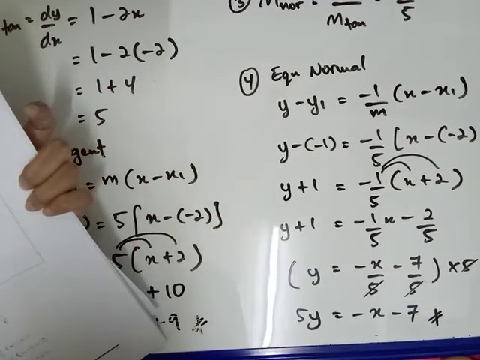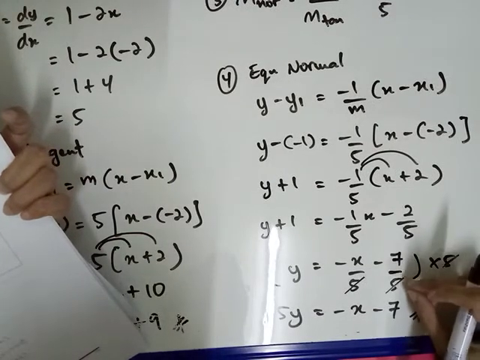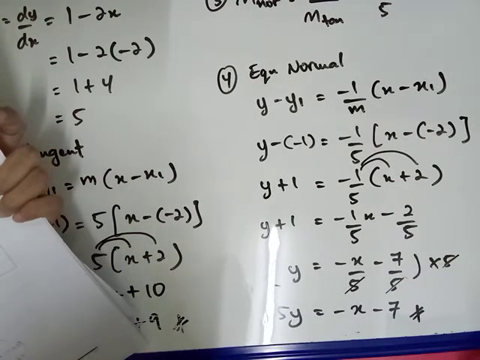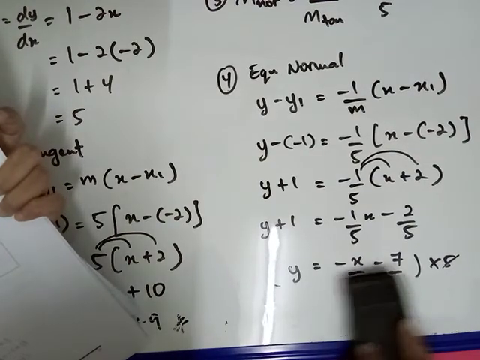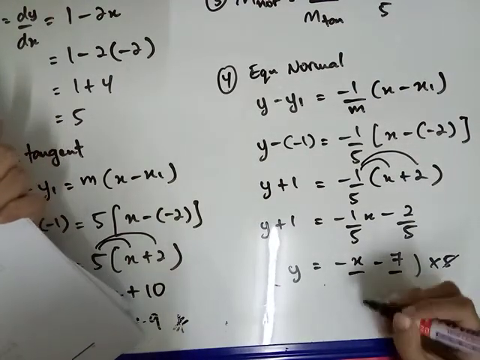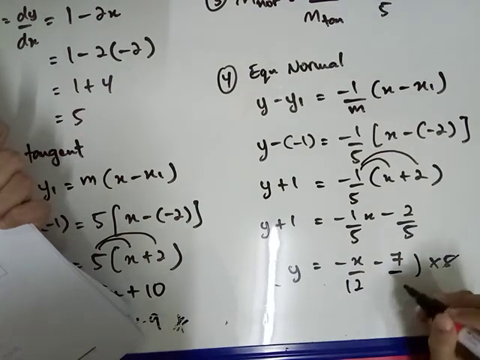Can you understand? We have to eliminate the fraction, to make it a whole number like this. No need for fractions. What about if we have 12 and then we have 8 here?